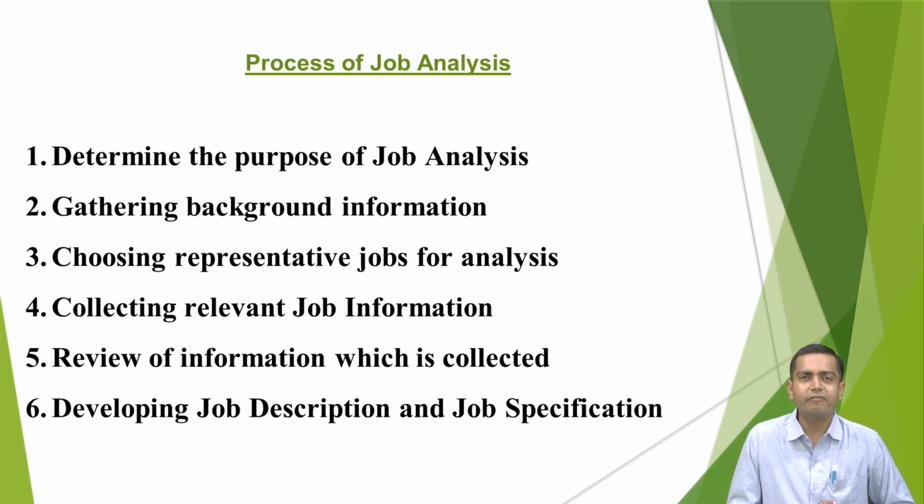So here we have a total of 6 steps in order to perform job analysis for any number of given jobs in an organization. So number 1 is the purpose. Why would we like to go for job analysis?